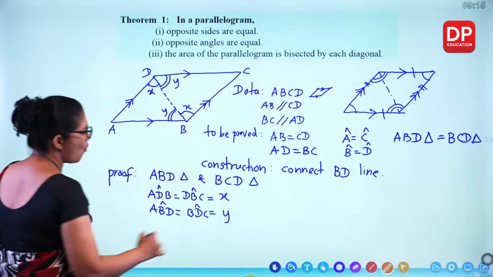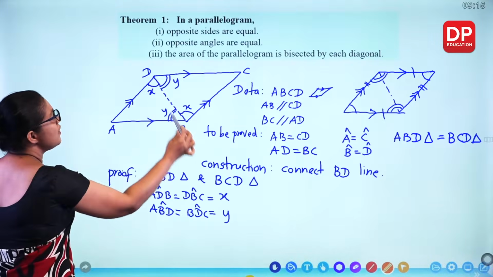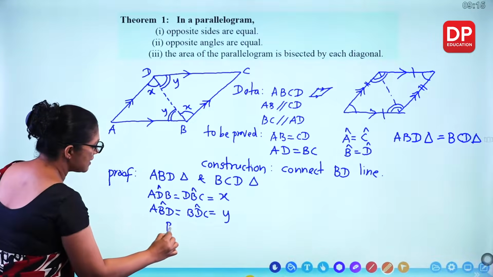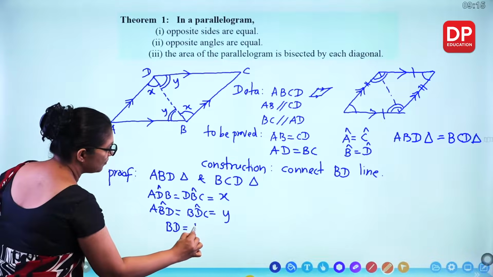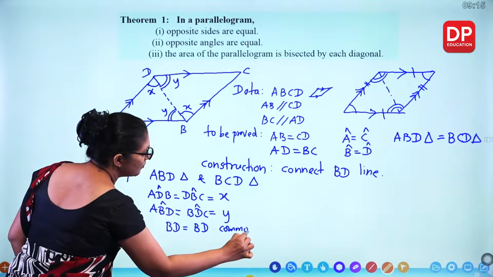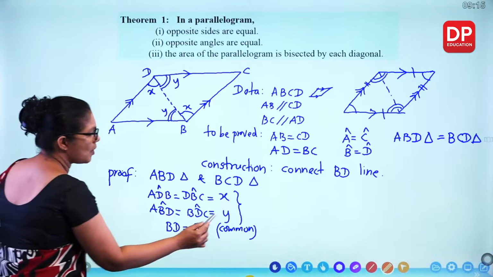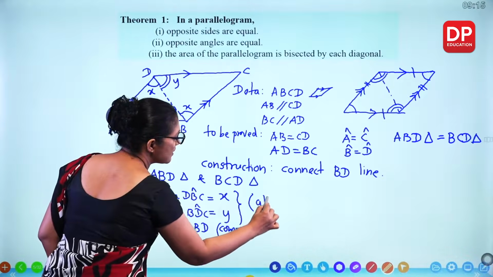That's Y. And also we can see BD is common. What's the reason for this one? Alternate angles.